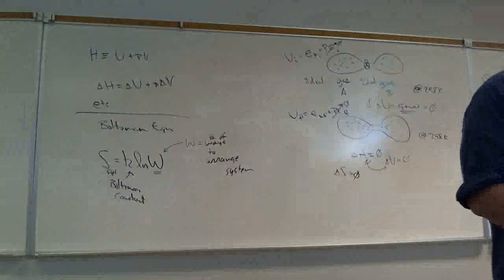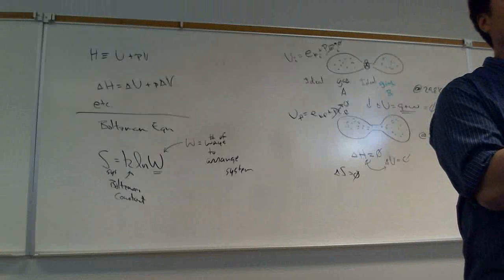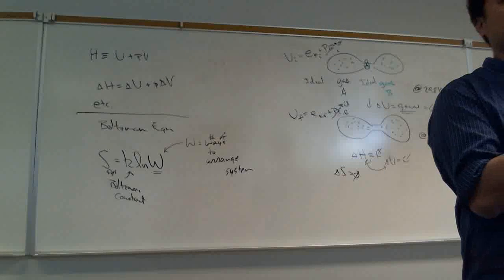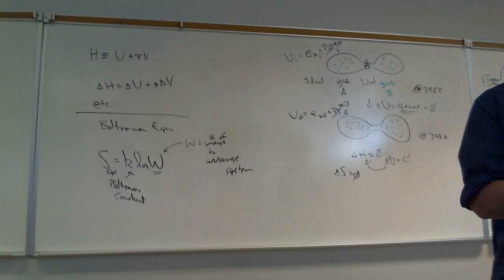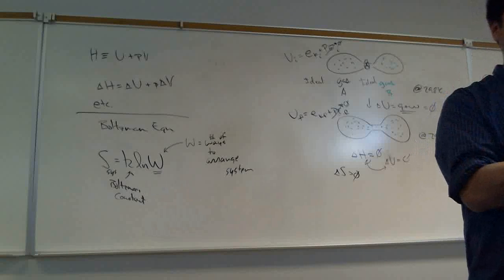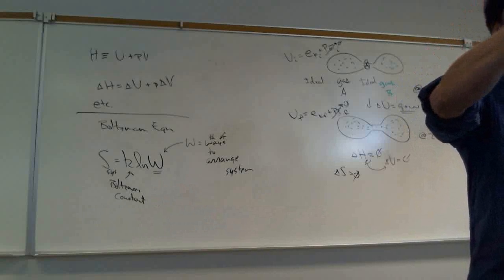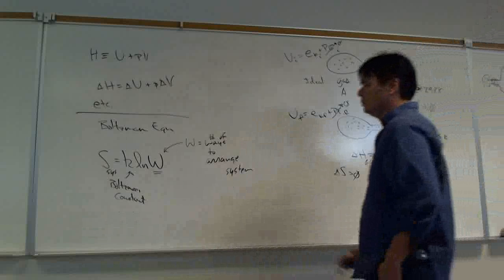So if I take a mole of water, how many ways are there to arrange a mole of water molecules in 18 milliliters? It seems like asking, do you want to count them? Because not only do you have to count them, you have to think, this is at 25 degrees C, so you have vibrations, rotations, and translations. You'd have to freeze it and then see the positions of those.